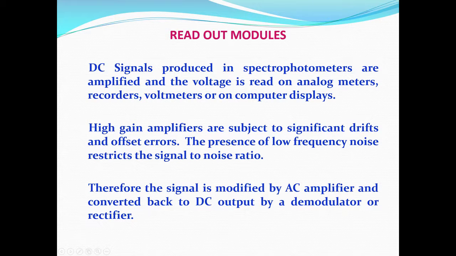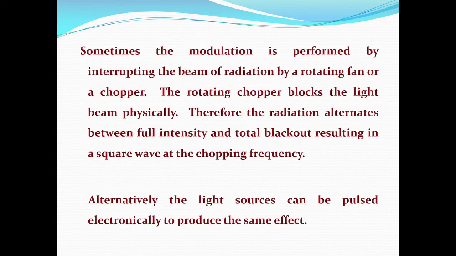You may read more about the demodulator and rectifier in the electronics and physics books, but they are very advantageously employed in spectrophotometers for measurement of readout. Now, sometimes the modulation is performed by interrupting the radiation by a rotating fan or a chopper.